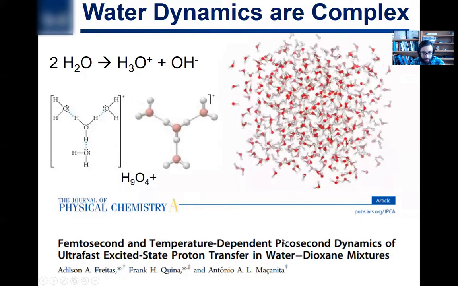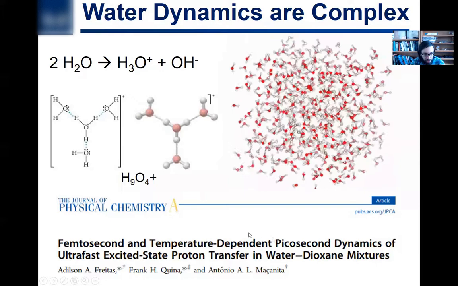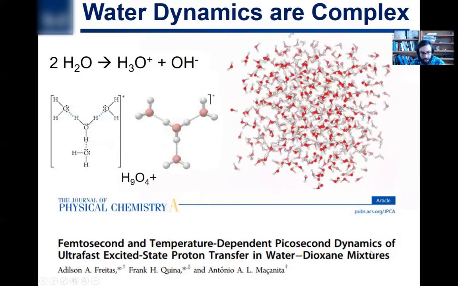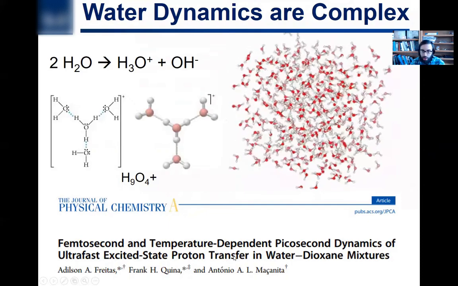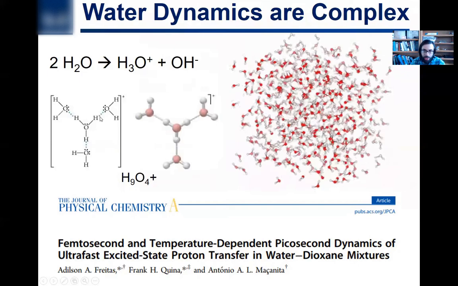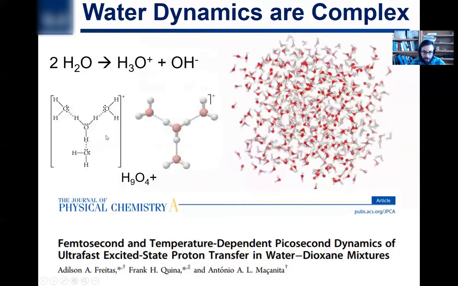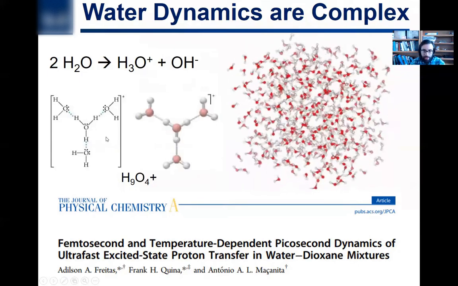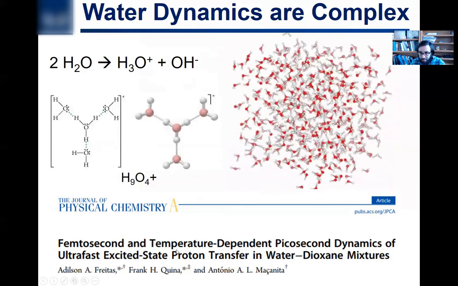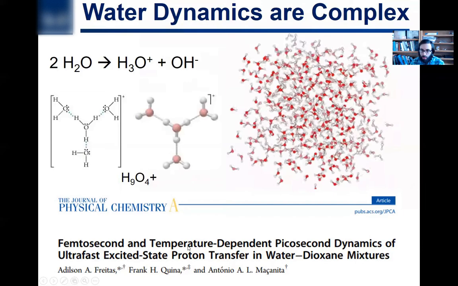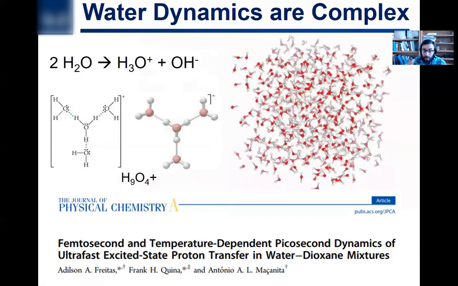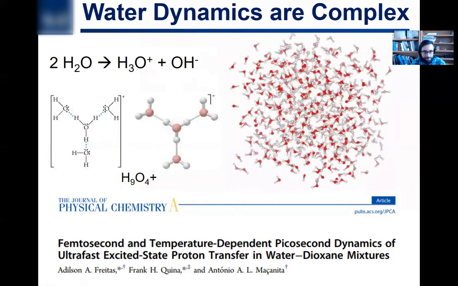You can see the title of this publication I pulled up: femtosecond and temperature-dependent picosecond dynamics. These breaking and making of hydrogen bonds occur really rapidly, but are very complex. This is part of the reason why water is so good at transferring protons.